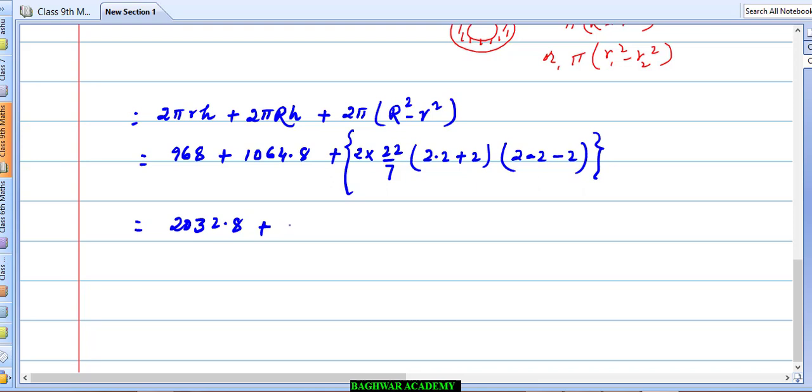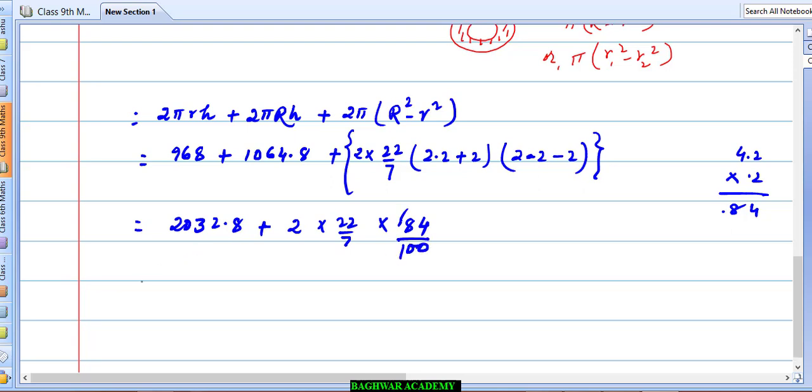So we will get 2 into 22 by 7 into this, which, if you simplify, is 2.2 plus 2, that is 4.2, into 0.2. So 2 4s are 8, meaning 0.84, and if you remove the decimal, here it will be 100.